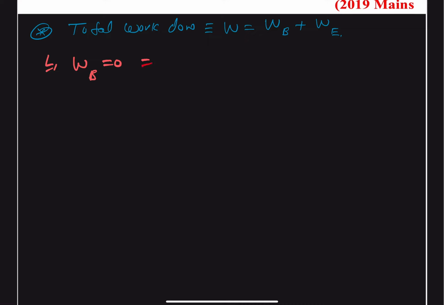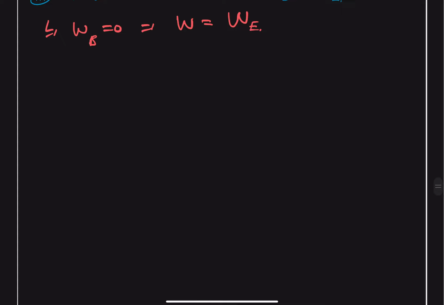Therefore, total work done will be equal to work done because of only the electric field. And the work done because of electric field will be equal to force multiplied by displacement, and the force is Q multiplied by E, multiplied by d, displacement.